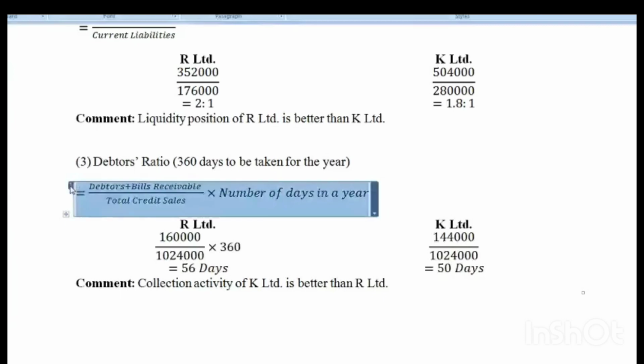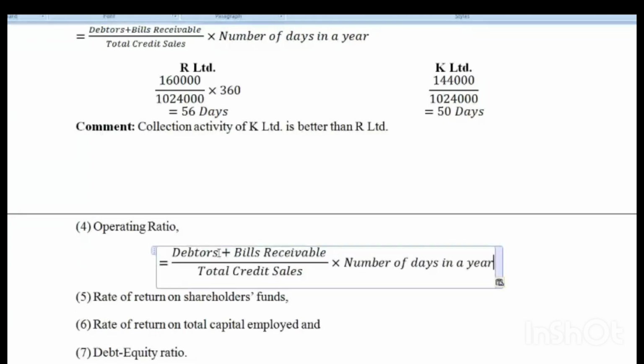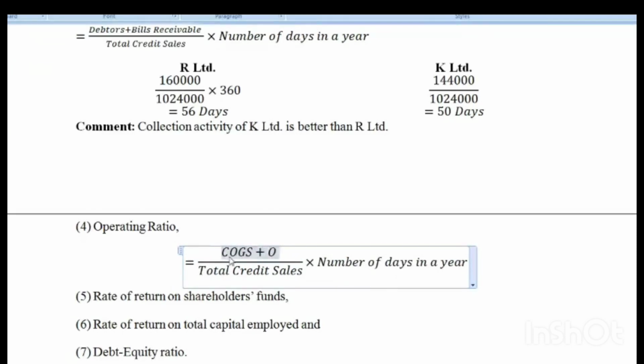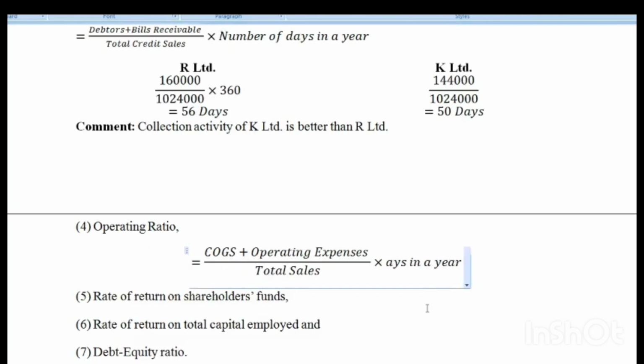The formula is COGS, cost of goods sold, plus operating expenses, divided by total sales, multiplied by 100.